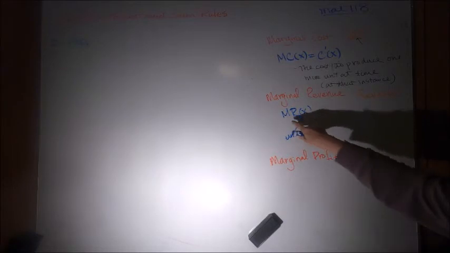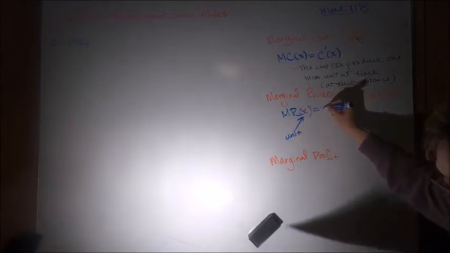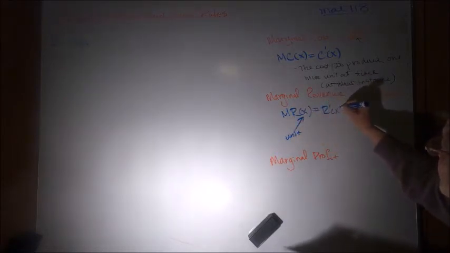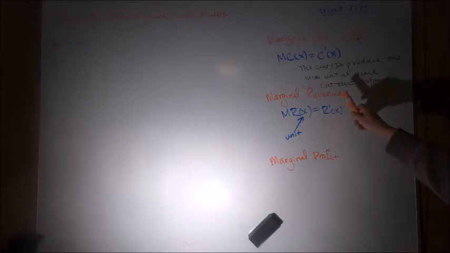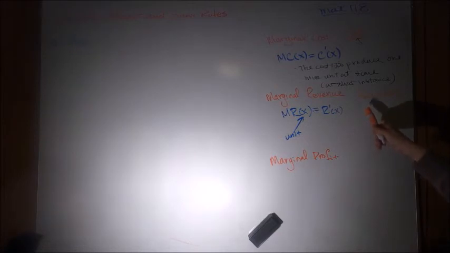Then the revenue for the units, right? About marginal at a time, then we will take a derivative. Then we say the meaning of derivative means the instantaneous rate of change. The change of the revenue when you produce one more unit.